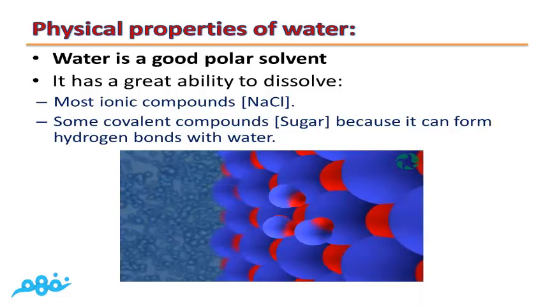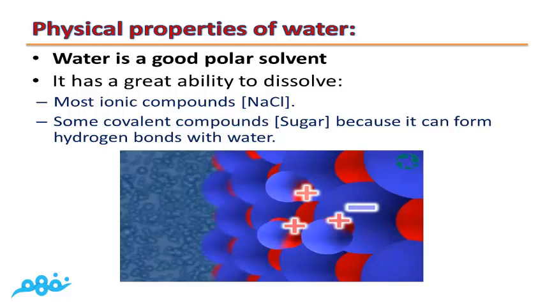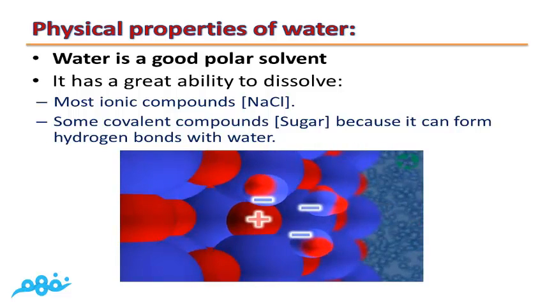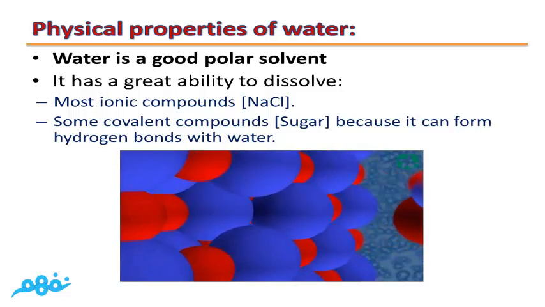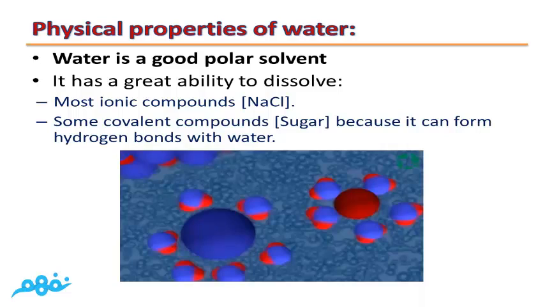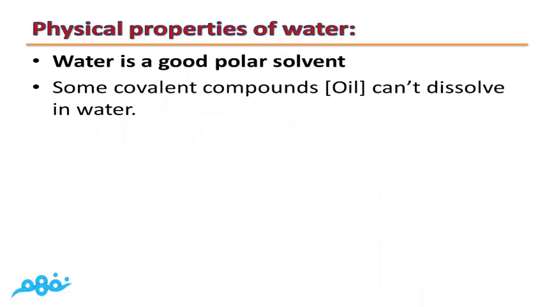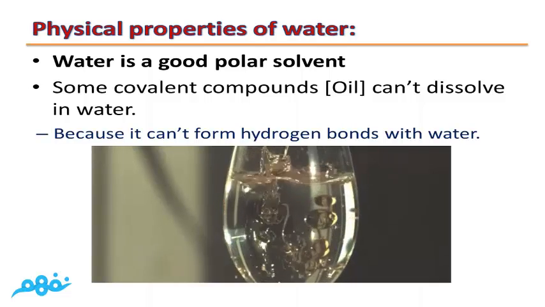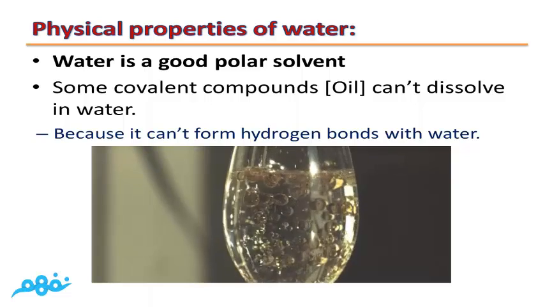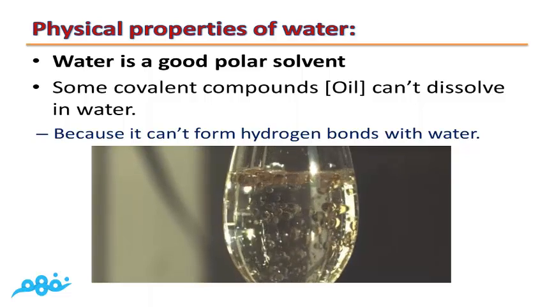If we have a piece of salt dissolved in water, as you can see, salt crystals can form hydrogen bonds with water molecules, so salt will dissolve in water because it can form hydrogen bonds. While some covalent compounds such as oil can't dissolve in water. This is because oil can't form hydrogen bonds with water.